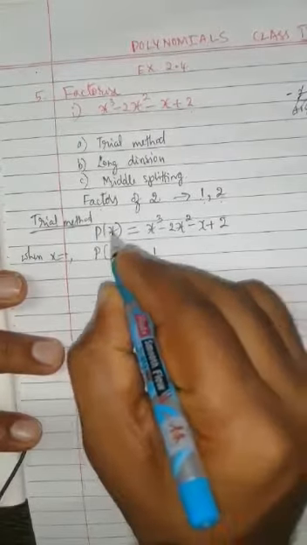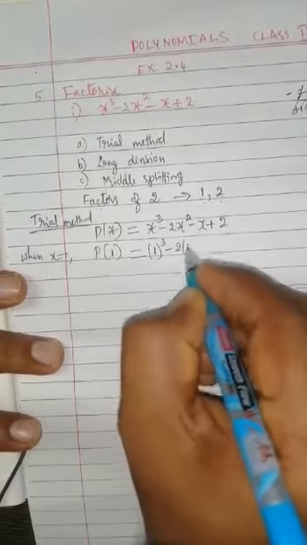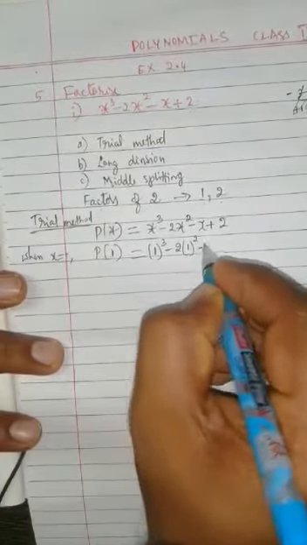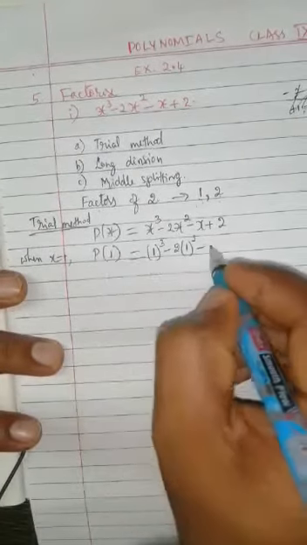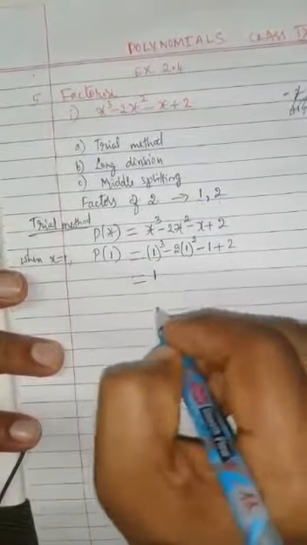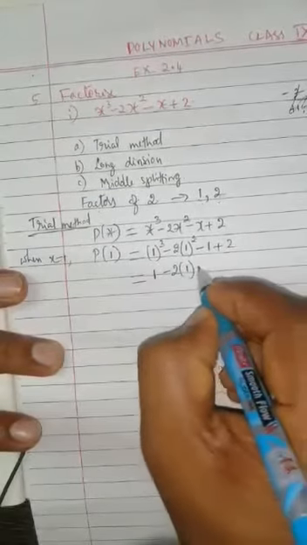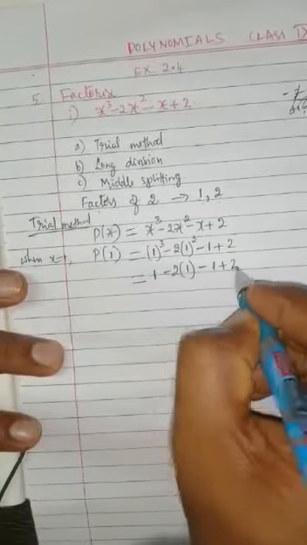So let us try now. 1 cube, in the place of x we are trying 1 cube, minus 2 into 1 square, minus x, that is 1, plus 2. What's the cube of 1? That is 1, minus 2, 1 square is 1, minus 1, plus 2.